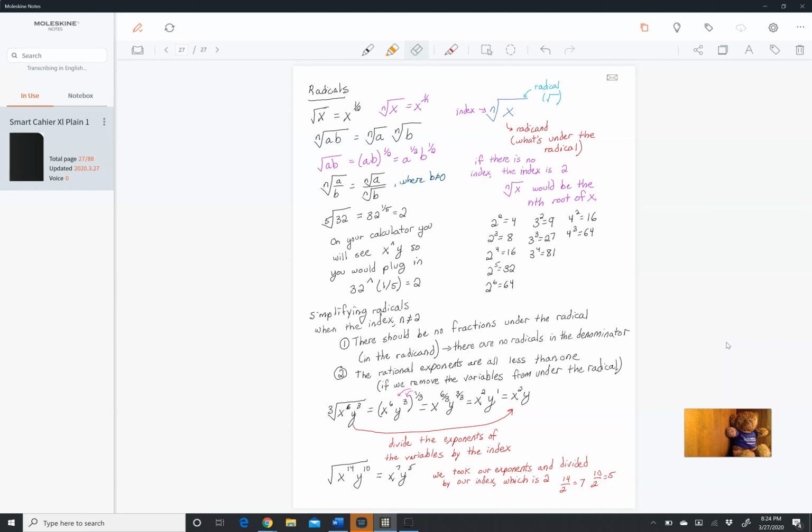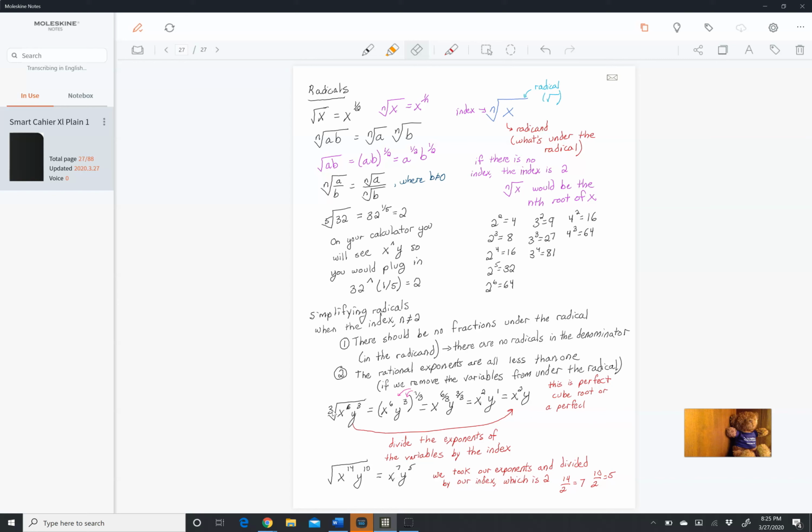Okay, let's take some more examples. We're going to do a bunch of them. Right now, all of these are perfect roots. X to the 6th, y cubed is a perfect cube root. A third root is also called a cube root, so this is a perfect cube root, or a perfect third root.